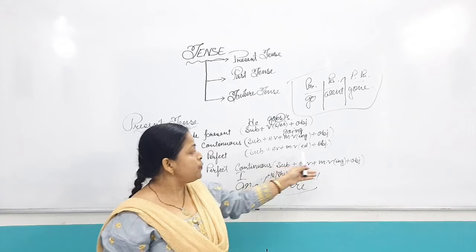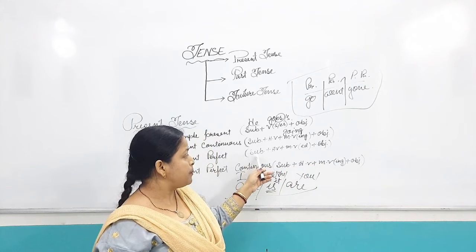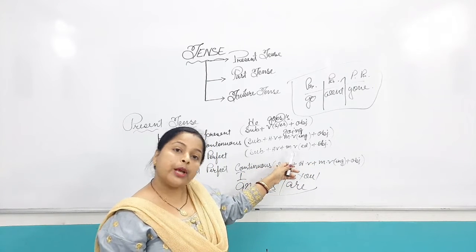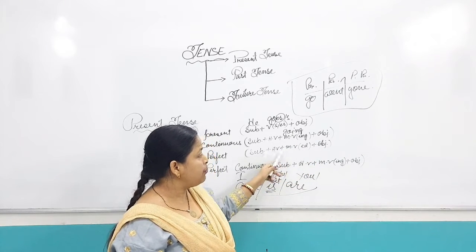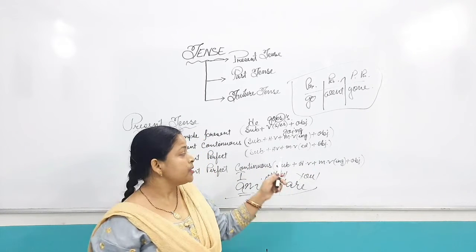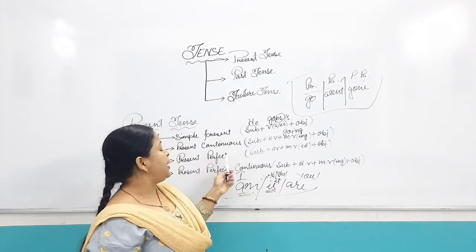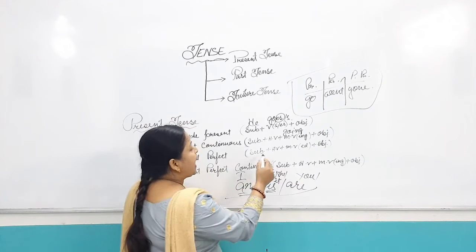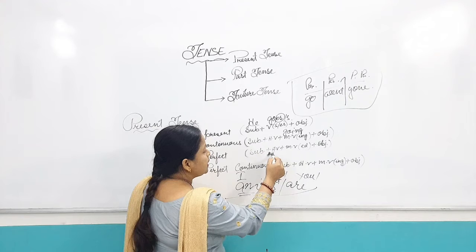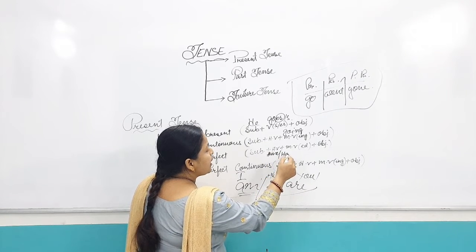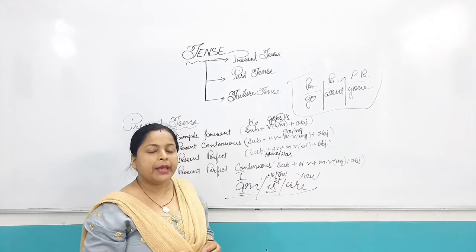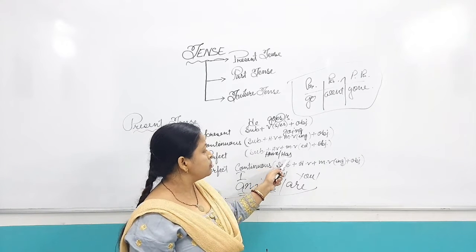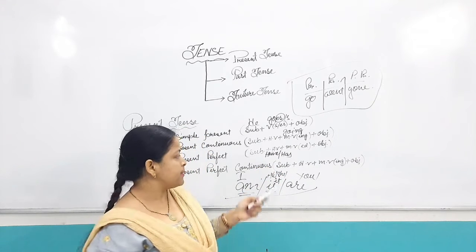Now come to the sentence formation of present perfect tense. Subject plus helping verb plus main verb plus object. But what helping verb will be used? In present perfect tense we use have or has, only these two. But with whom have, and with whom has?